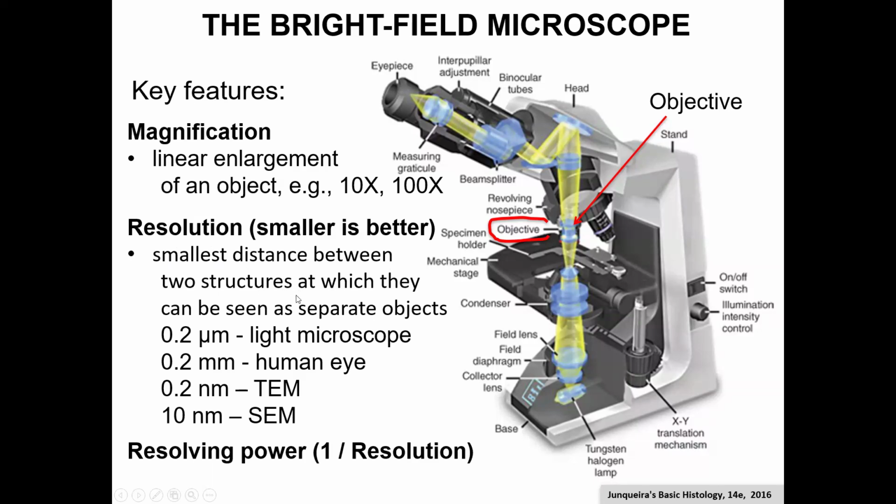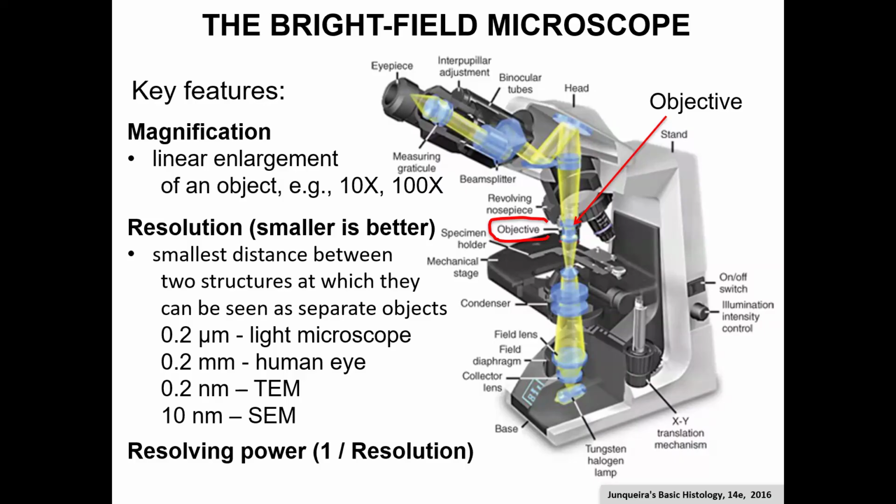The maximum resolution that is obtainable with a light microscope is 0.2 microns, and this is actually set by the characteristics of visible light, and I'm referring here to the wavelength.